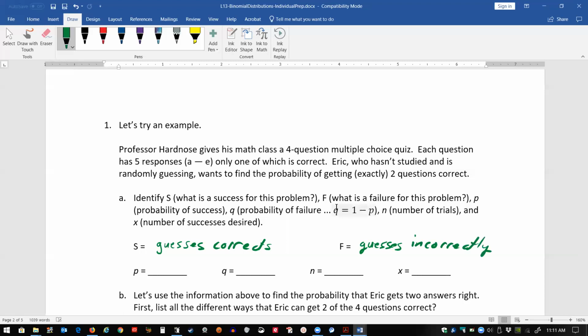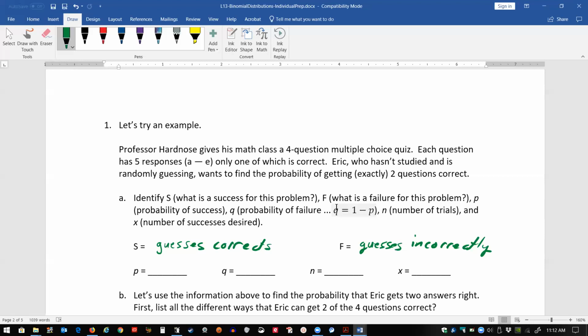So it's always good to identify what the success and what the failure is in any of these problems. By the way, we're talking about qualitative data here, right? Whether you get something right or wrong, whether you get a head or a tail. It's qualitative data. So that's typically associated with these.